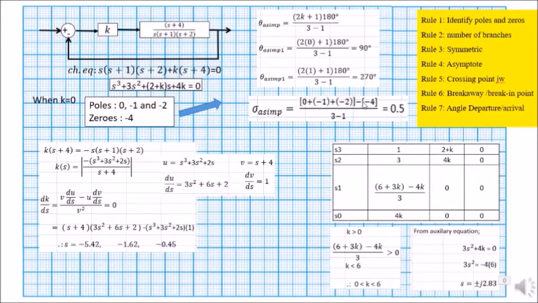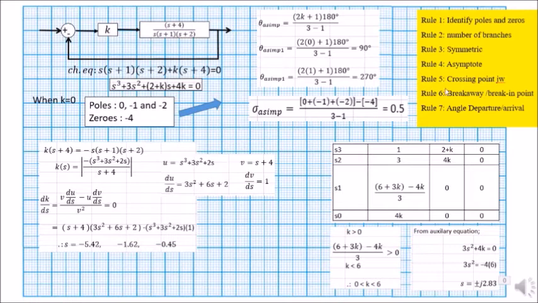Minus the summation of zeros, we have only one zero here, negative 4. Minus minus becomes positive, so this becomes 4. So negative 3 plus 4 becomes 1. The denominator 3 minus 1 becomes 2. So the intersection of asymptote becomes 0.5.